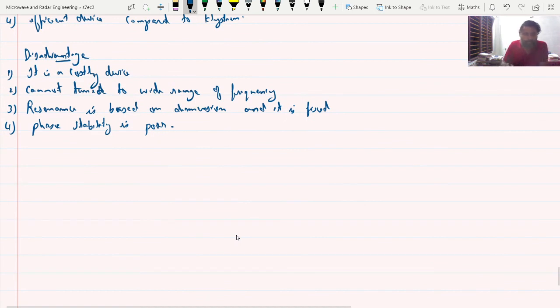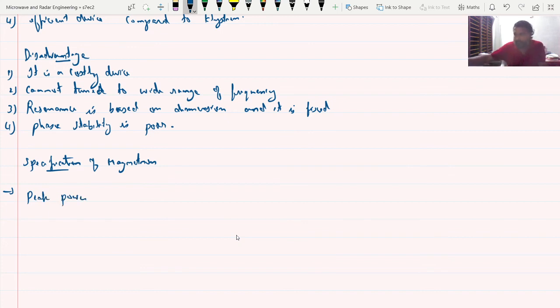So I will give you some of the specifications of the magnetron in the general case. First one is peak power, it can have a peak power of 3 kilowatt to 4 watt.